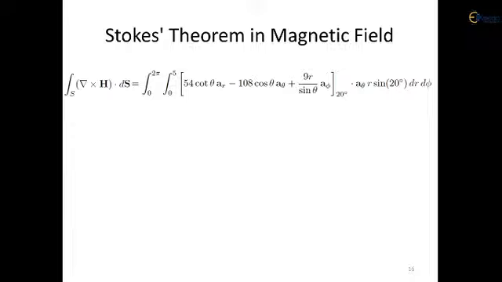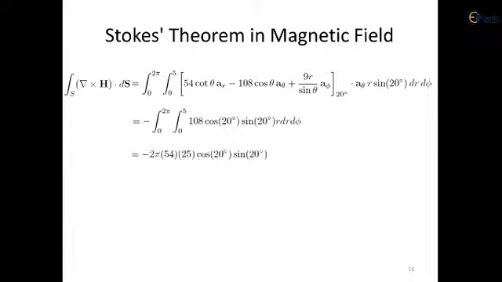So by the next step we can have the simplification too. After putting the dot multiplication and the theta values, we are left with minus integral 0 to 2 pi, integral 0 to 5, 108 times cosine 20 degree sin 20 degree r dr d phi.